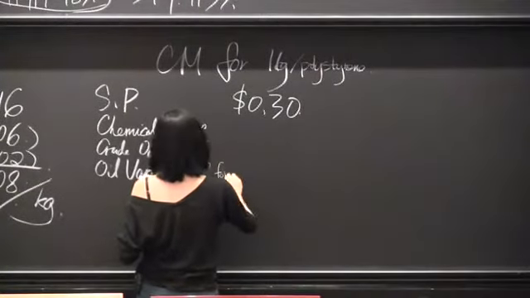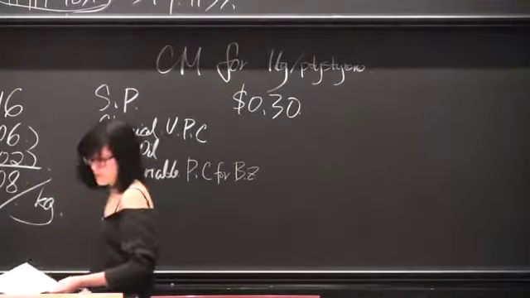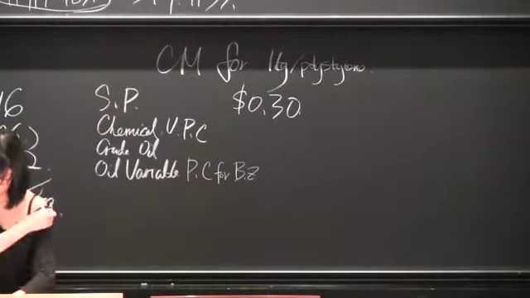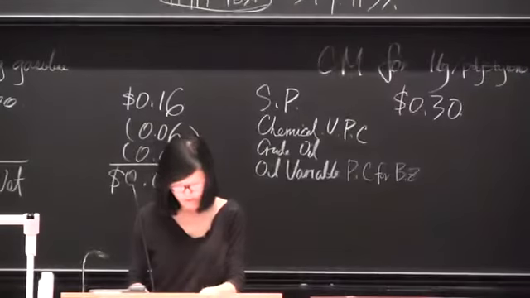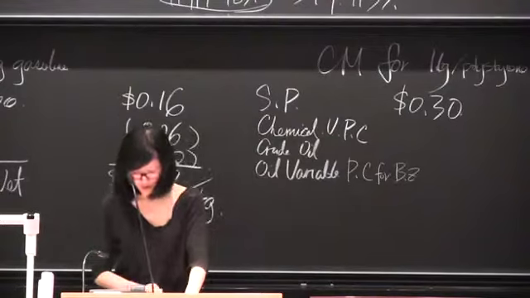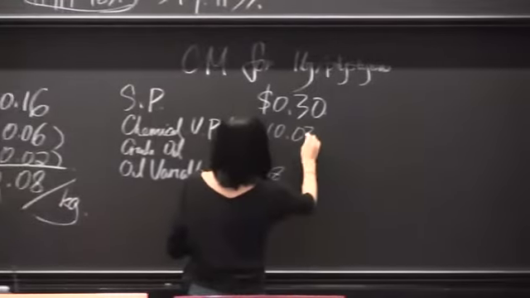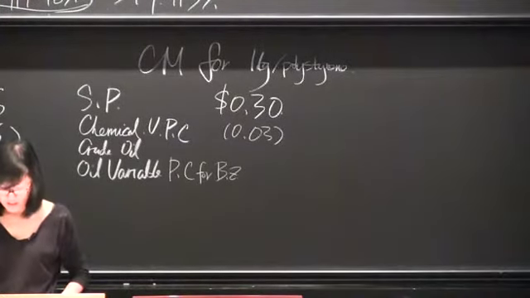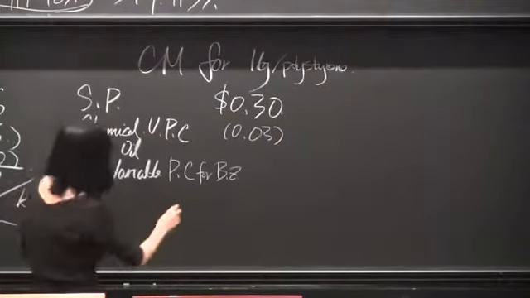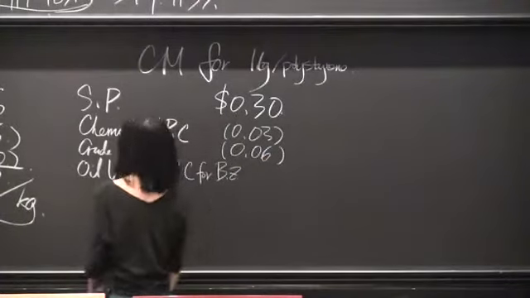For benzene. So on the top it says the variable production cost is 3 cents. And the cost of crude oil, which is the same, 6 cents.